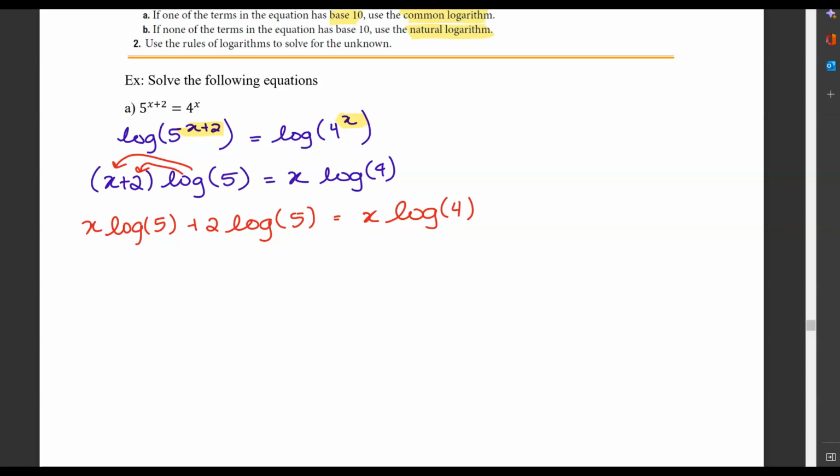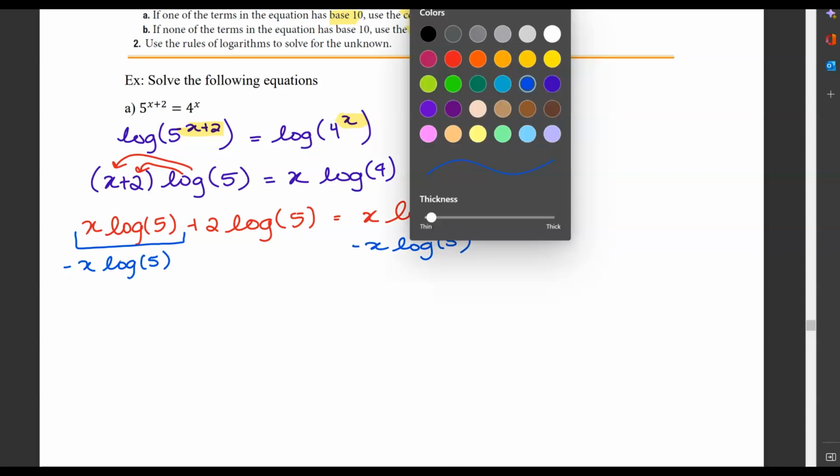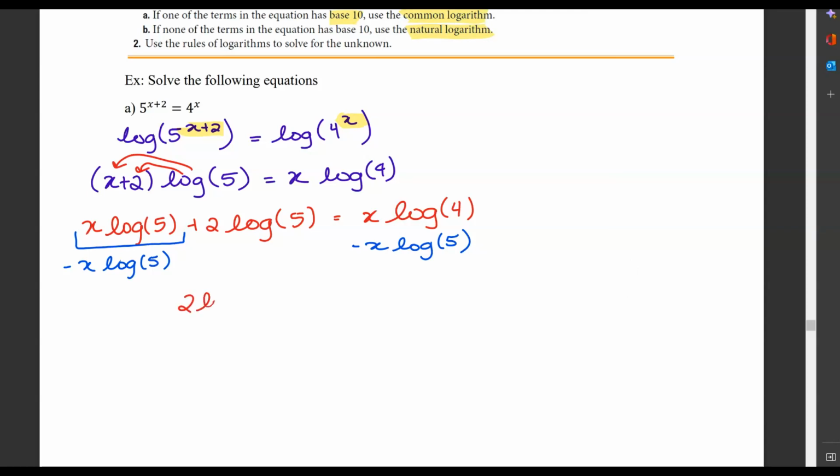So let's go ahead and isolate x to one side. So we want to get all the x's on one side. So let's go ahead and move this guy to the other side. So we're going to subtract x log of 5 from both sides. So then we are left with 2 log 5 is equal to x times log of 4 minus x log 5.